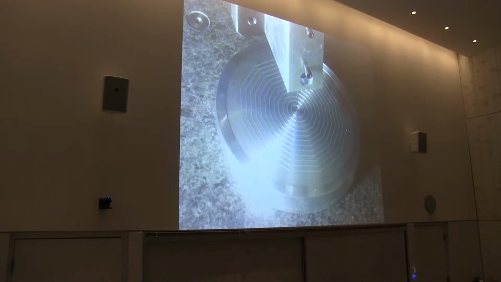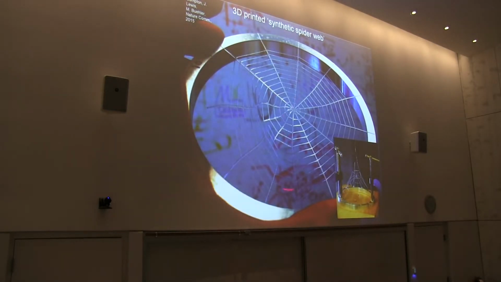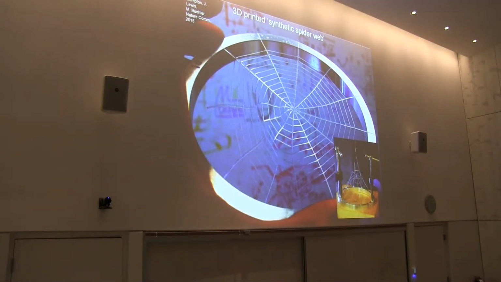So I use a printer. I can print those spiral threads and the radial threads on top of an aluminum substrate, and then I can take out the middle part of the substrate and only leave the web and the ring outside. So this is the web that I printed. So you can pass.